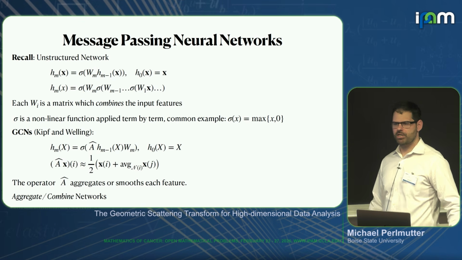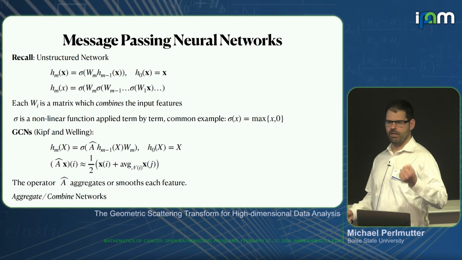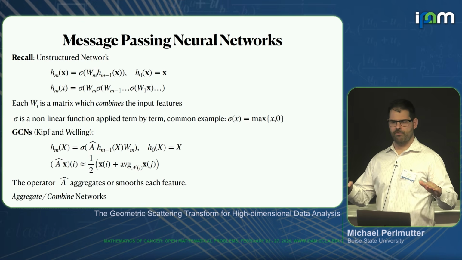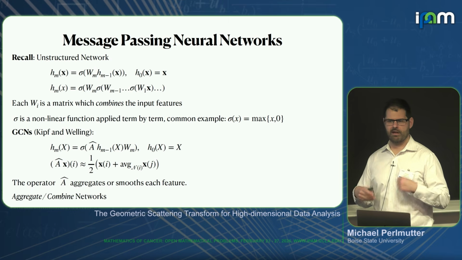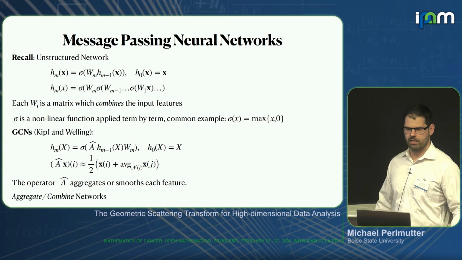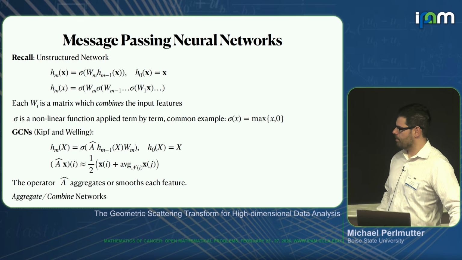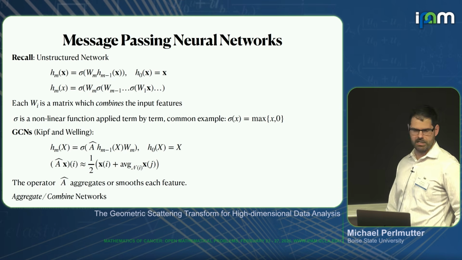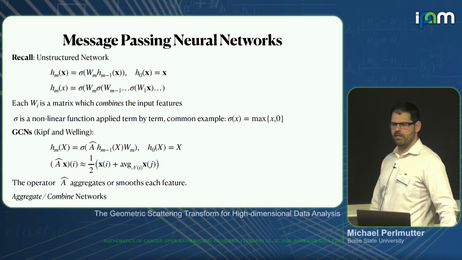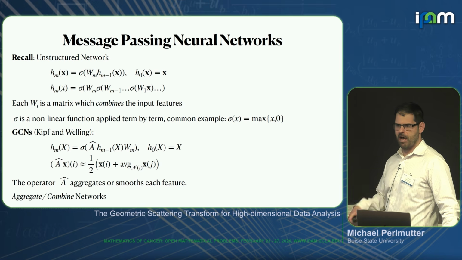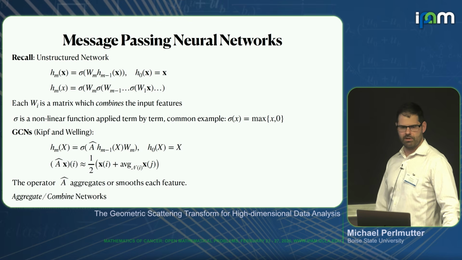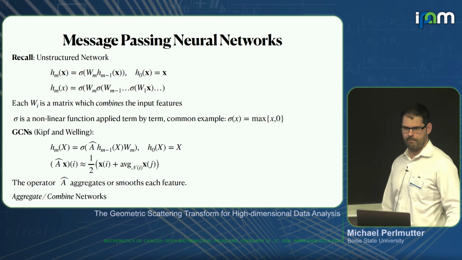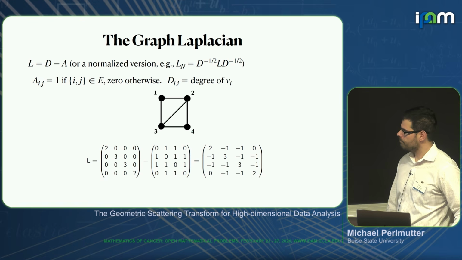And then you're performing an additional operation in each layer, which smooths the transformed features over the graph to make similar hidden representations across adjacent neighbors. So these two steps, you can think about the smoothing operator as an aggregation, and the linear transformation on the right as being combinations of the features. So these are sometimes referred to as aggregate-combine networks.